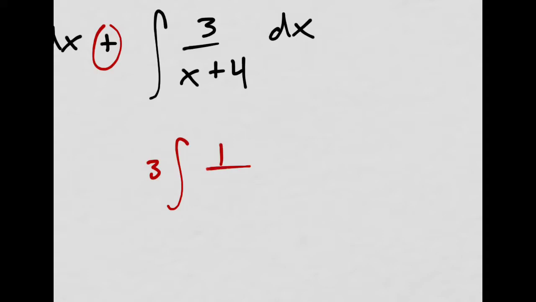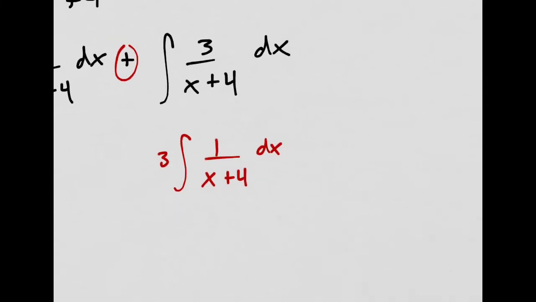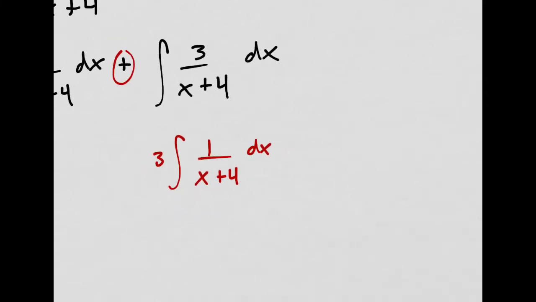I'm just moving the 3 out in front. I'll take the long way to do this, but later on I'll use a shortcut. This is going to be the natural log, but I will say u equals x plus 4, du equals dx. Very good.